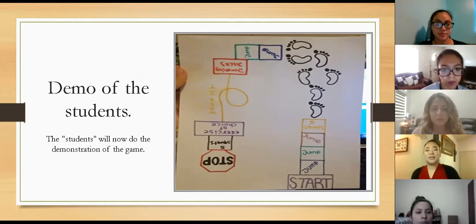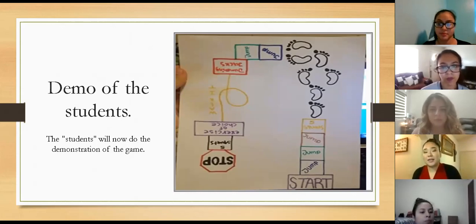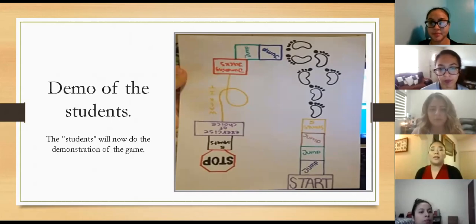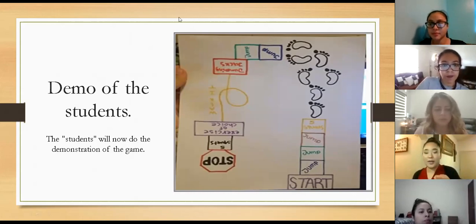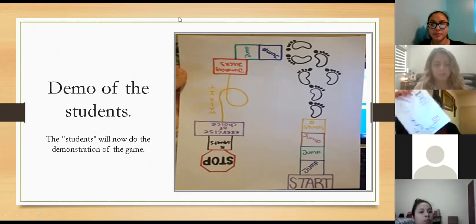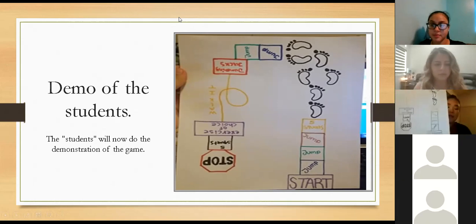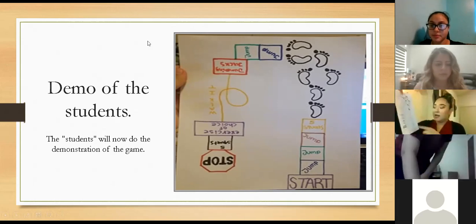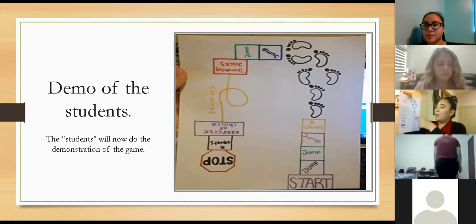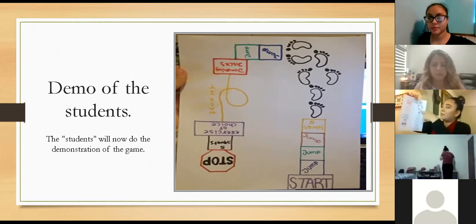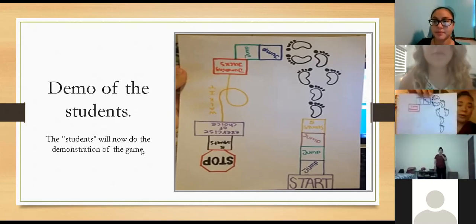Okay, so this is just a picture that we decided to put as the demo of what they're gonna be doing, which is my classmates. I did it. It's basically the same thing. We have 3 jumps at the beginning, 5 squats. We have these little footsteps that they would need to follow.